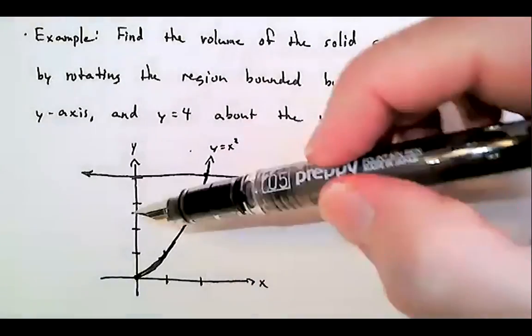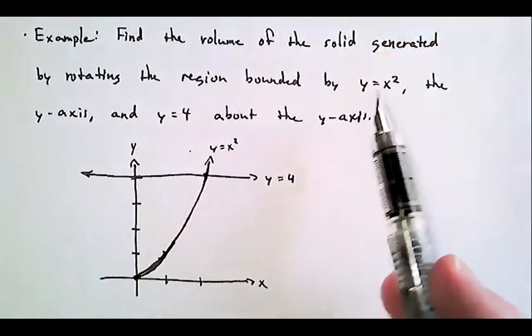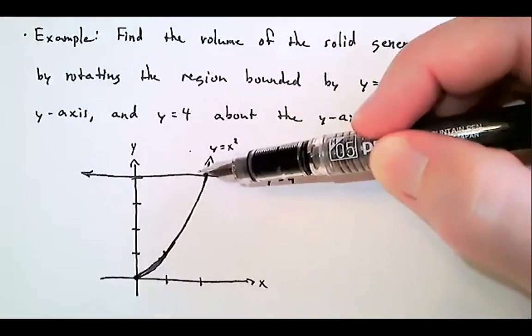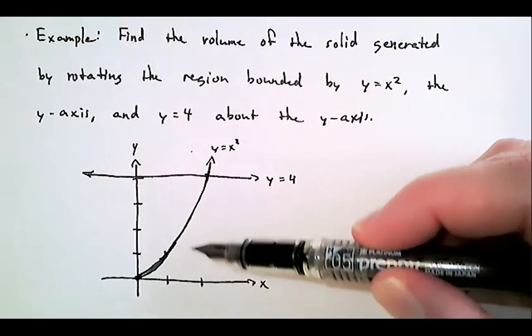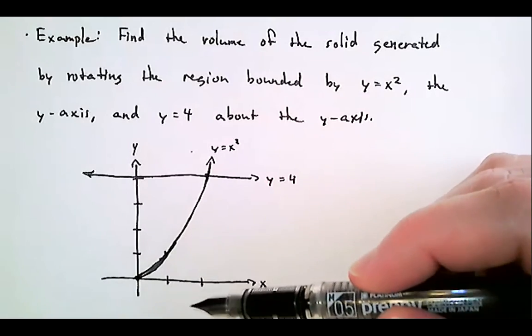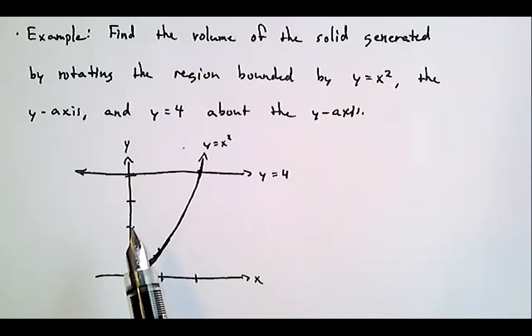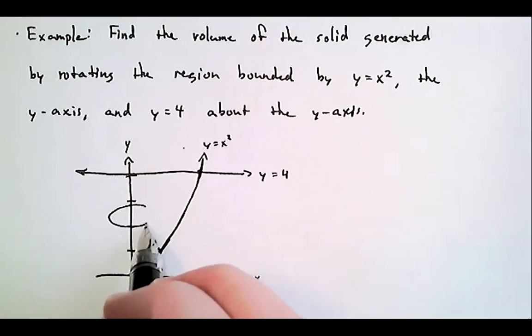Okay, so now our region bounded by the parabola and then the two lines is this guy here. And instead of rotating it around a horizontal line like we've been doing in the last few examples, we're going to rotate it around the vertical axis, like this.